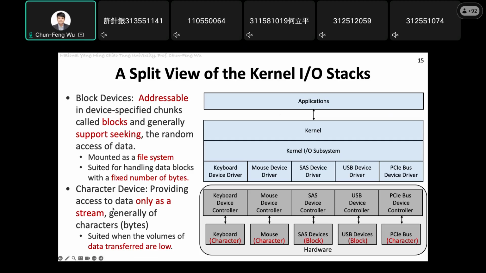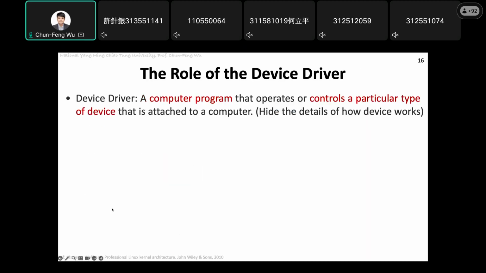But a character device is usually about latency. You don't want to miss any character when you type on the keyboard. In the rest of this lecture, we only focus on block devices, because storage devices are all block devices.